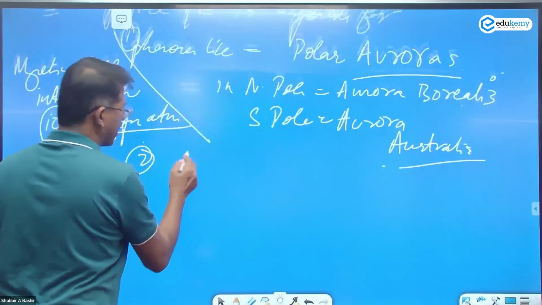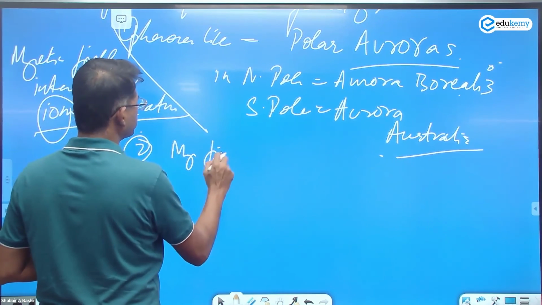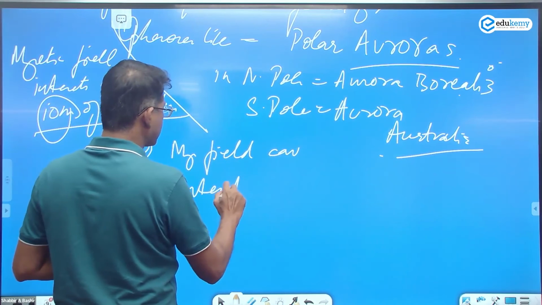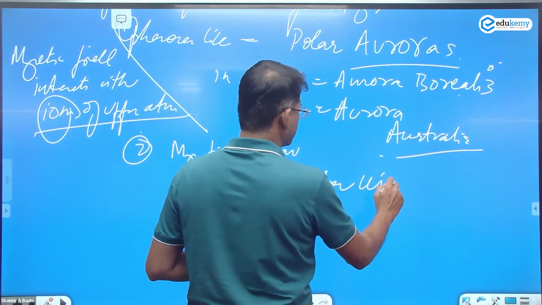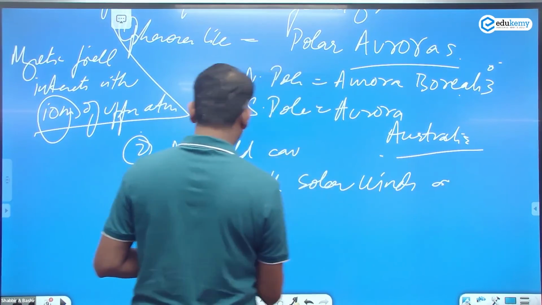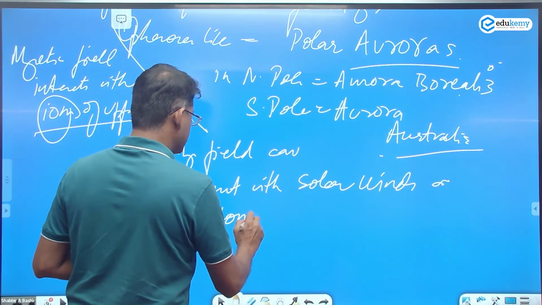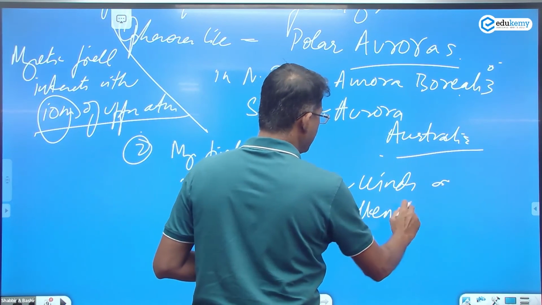We have something called as, just know this, okay? The magnetic field can interact with the solar winds and forms something called as Van Allen belts.